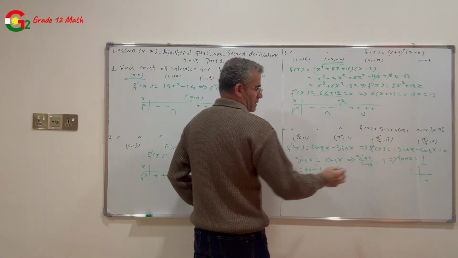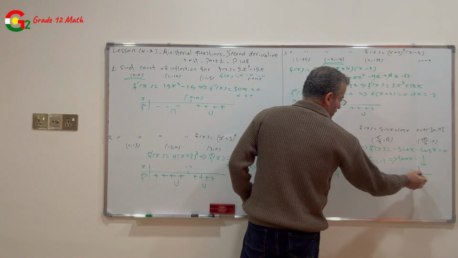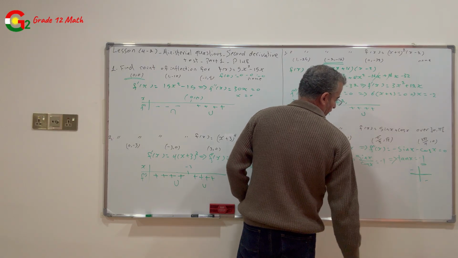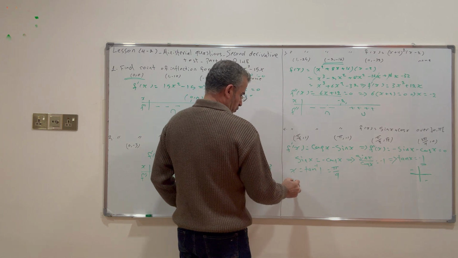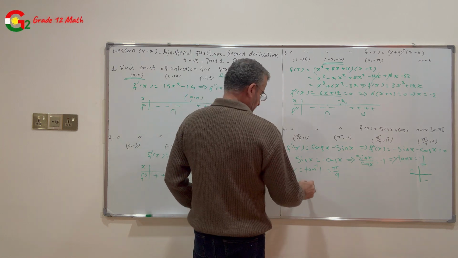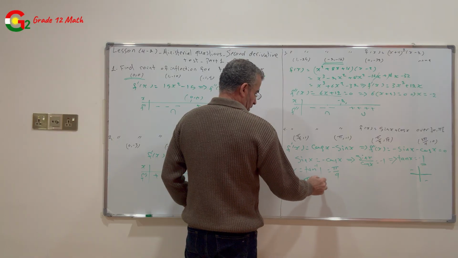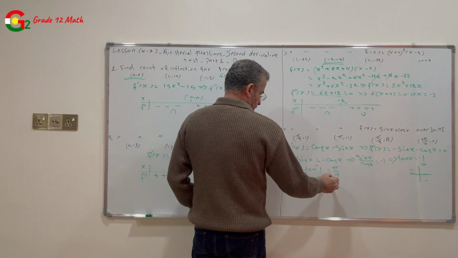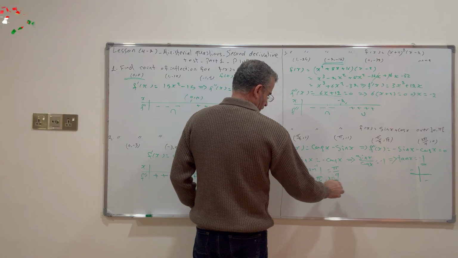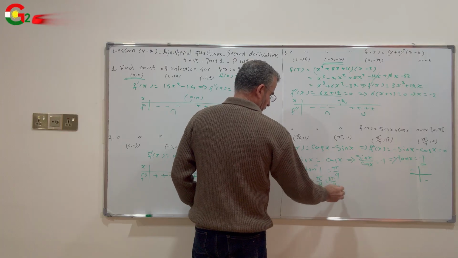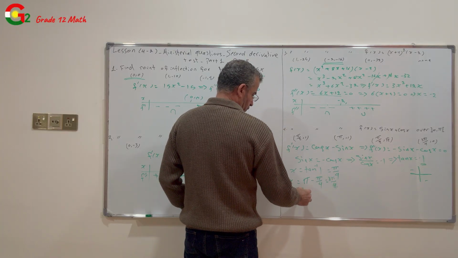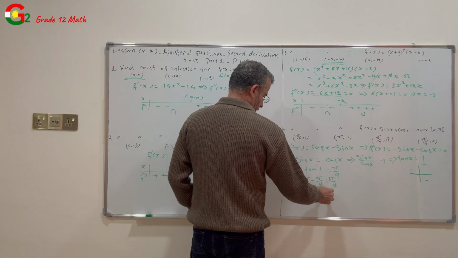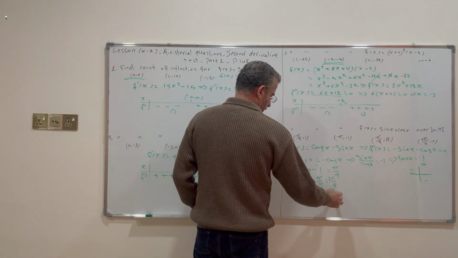In quarter 2, sine is positive and cosine is negative, and in quarter 4, cosine is positive and sine is negative. In quarter 2, x equal to pi minus pi over 4, equal to 4 pi minus pi over 4, 3 pi over 4, sorry. In quarter 4, x equal to 2 pi minus pi over 4, equal to 7 pi over 4.